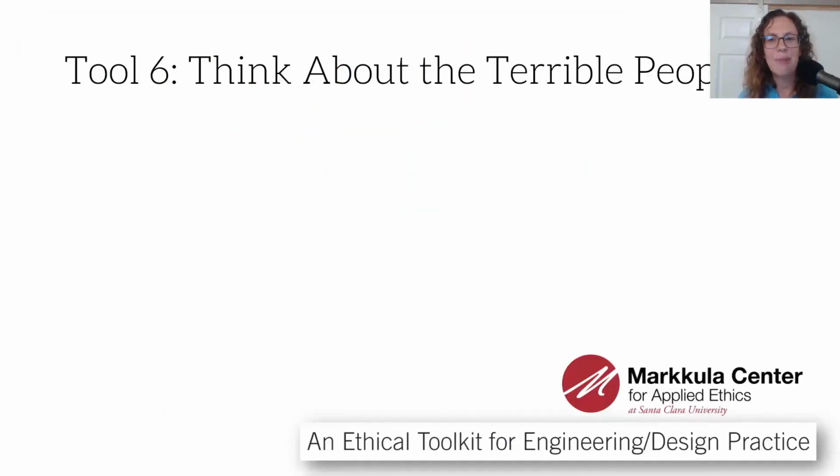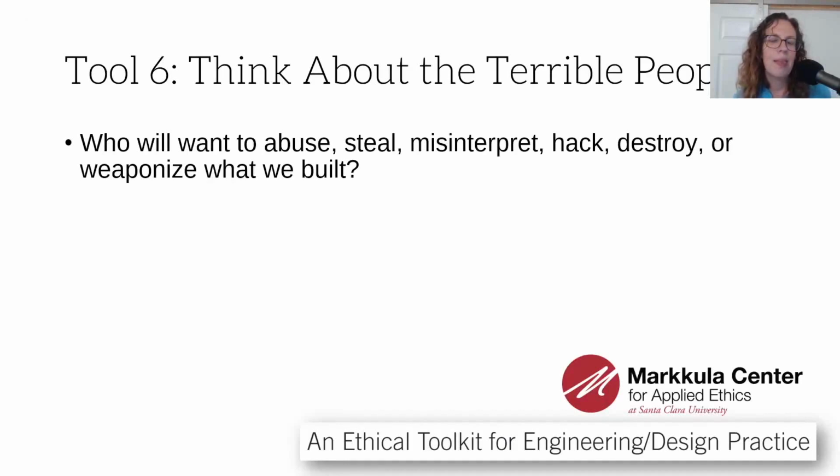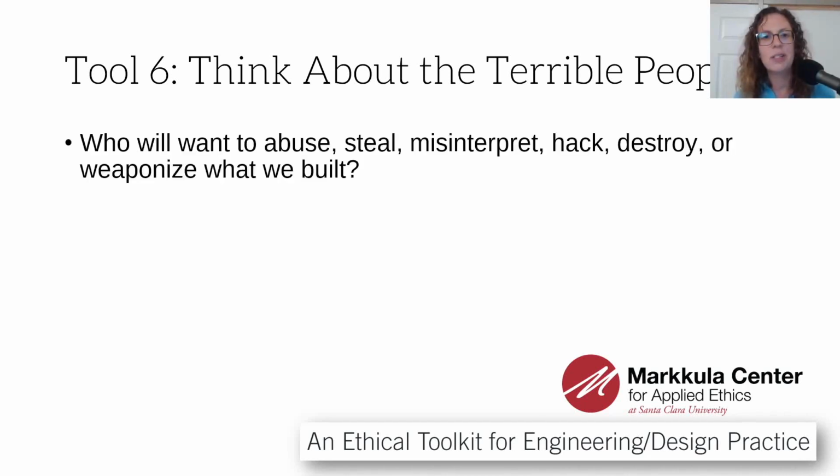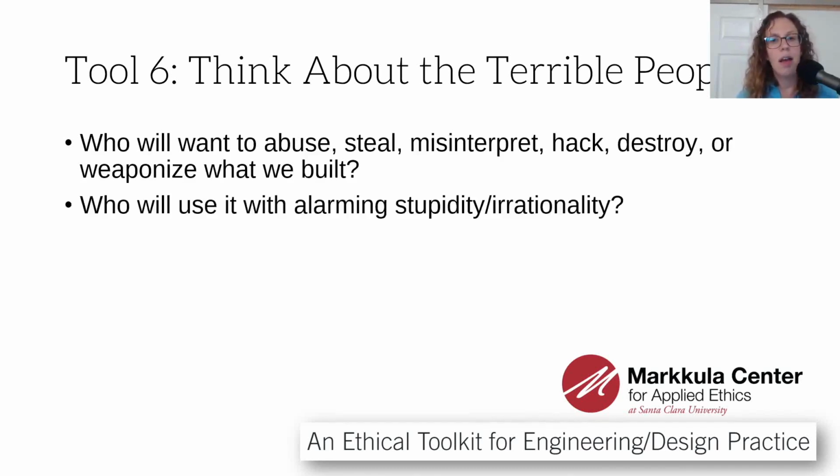Tool 6 is think about the terrible people. And this can be hard because we're often thinking positively, or thinking about people like ourselves who don't have terrible intentions, but really think about who might want to abuse, steal, misinterpret, hack, destroy, or weaponize what we build.